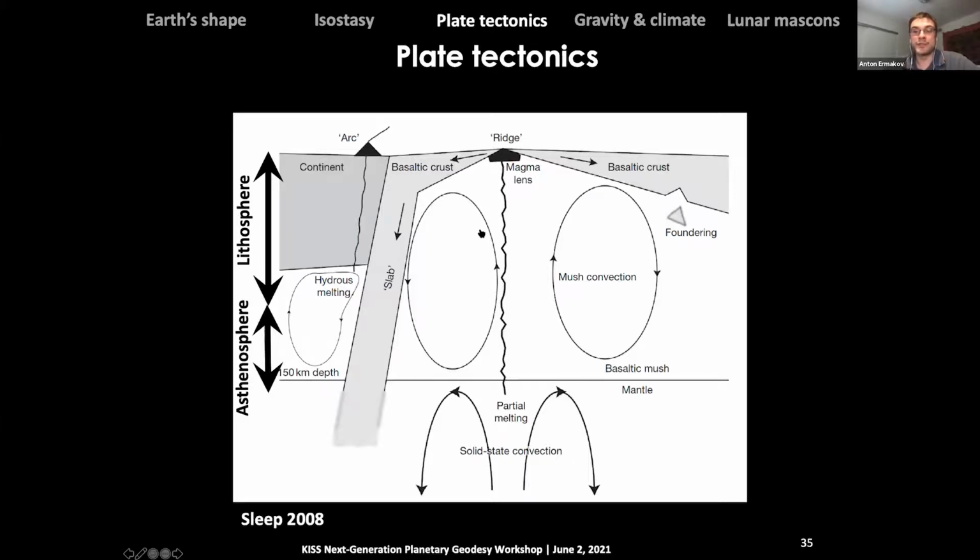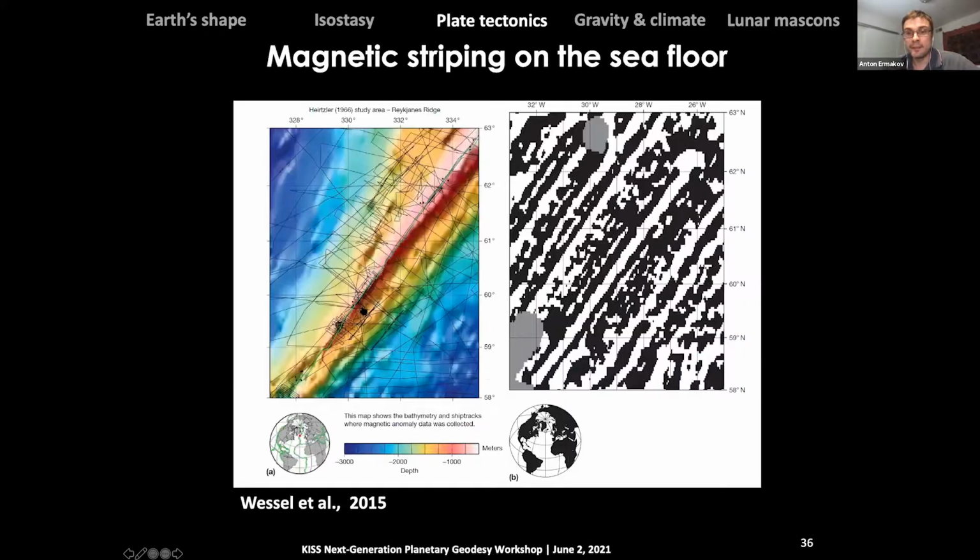And this schematic shows a cross-section in which the crust is being formed at the mid-ocean ridge and gets destroyed, sinking into the mantle at the subduction zone. The magnetic data over the mid-ocean ridges were particularly important for understanding plate tectonics. And this picture shows bathymetry, so topography of the ocean floor, centered at the mid-oceanic ridge in Atlantic Ocean on the left, and on the right shows magnetic anomalies that form this pattern of stripes, which is parallel to the ridge.